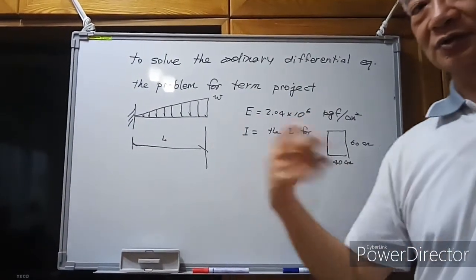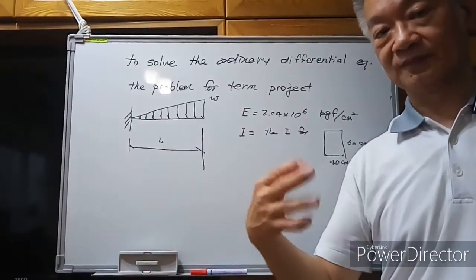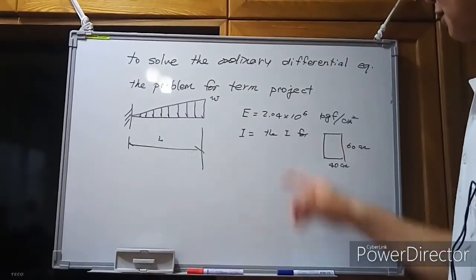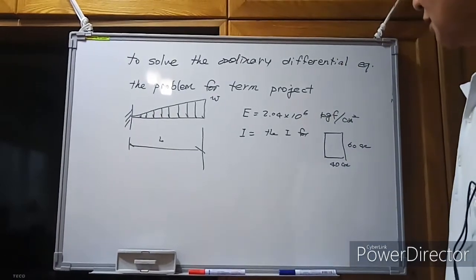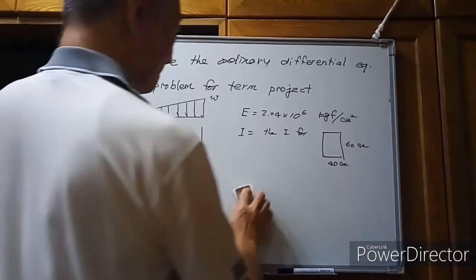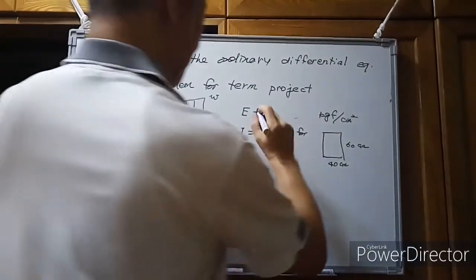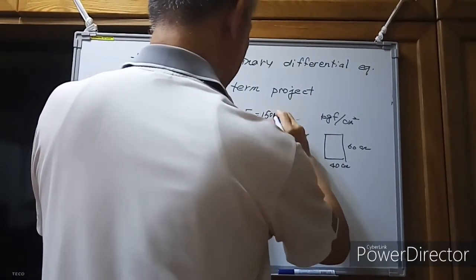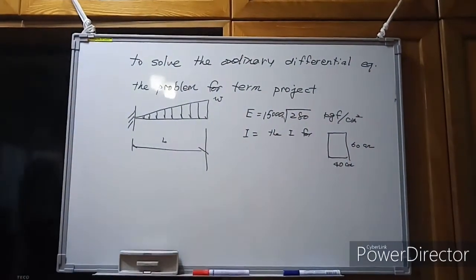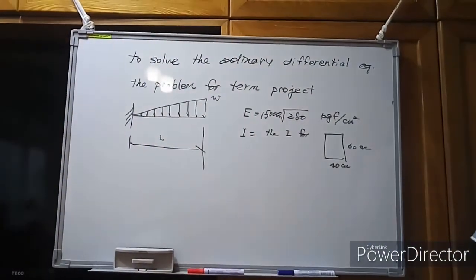So the E value, you should know the E value. It is for the concrete, not the steel section, so let me change the formula: 15,000 times the square root of 280.